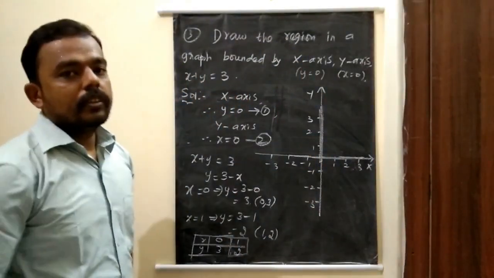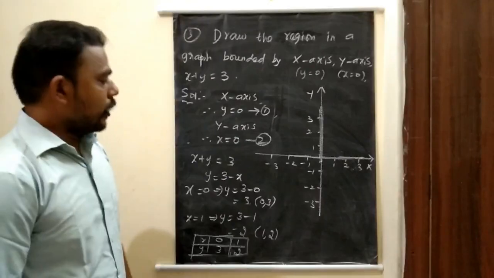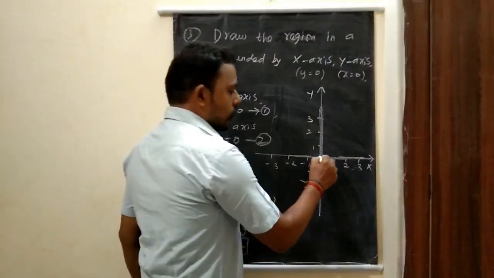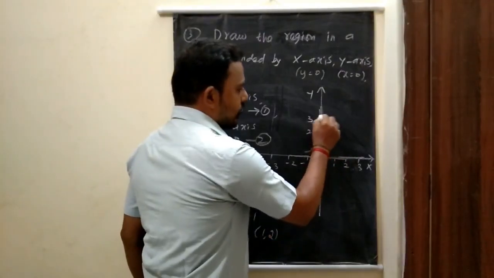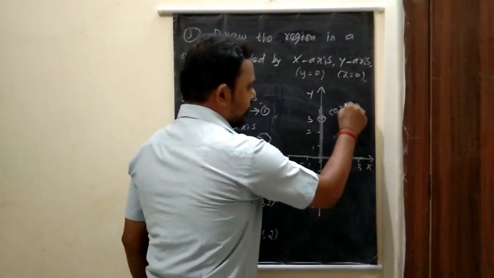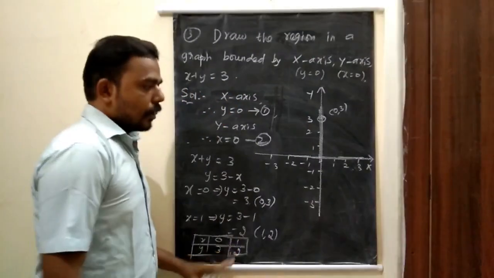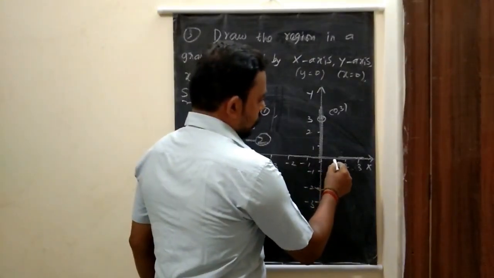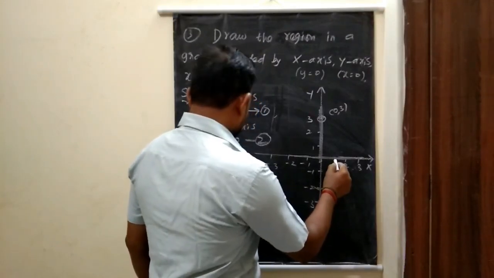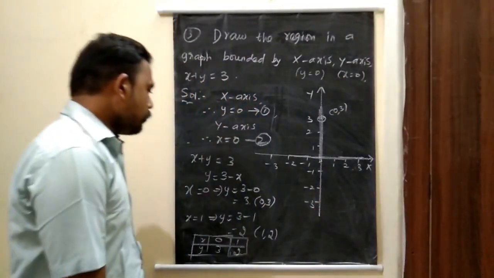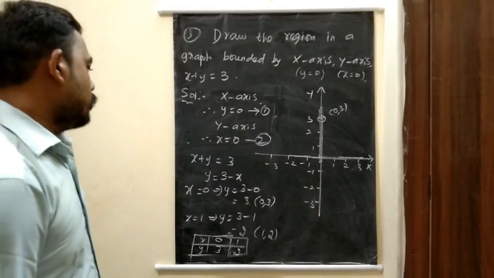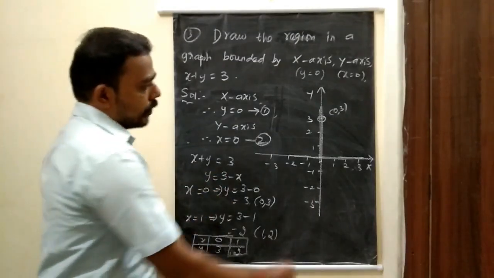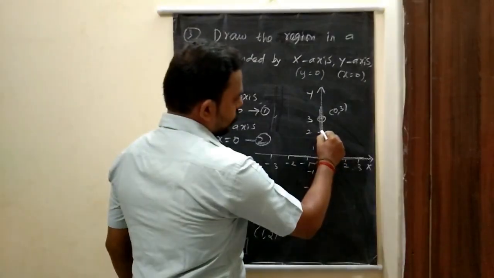Okay. Next one, the point 0 comma 3. So the x value is 0, on this line, and the y value is 3. This is the point 0 comma 3. Next, 1 comma 2: x value 1, y equal to 2.